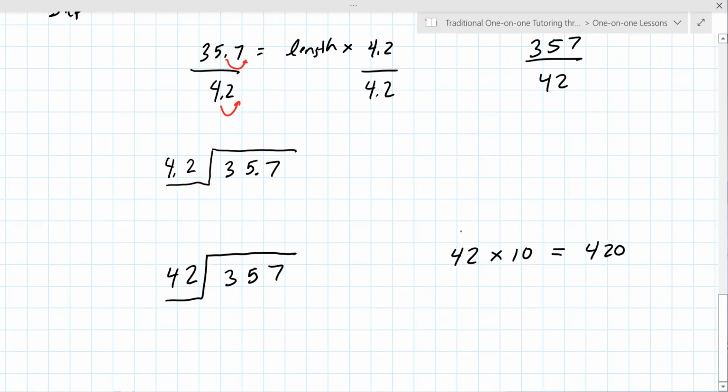But we can do 42 times 9 to see what is really close to it. 42 times 9 is 378. That's too big. 42 times 8 goes in 8 times, and you end up getting 336.